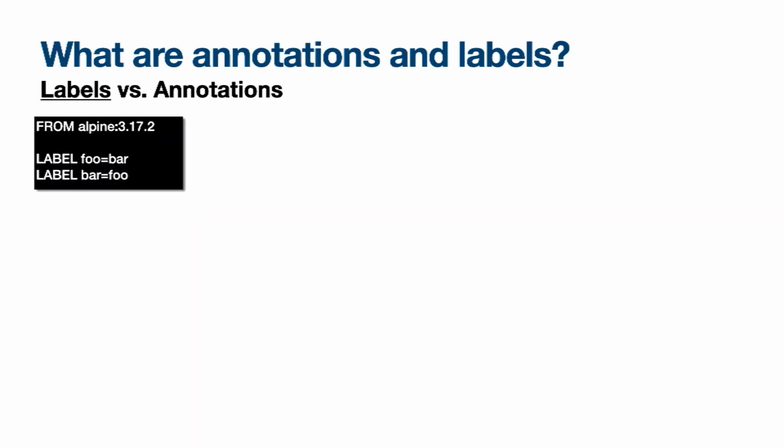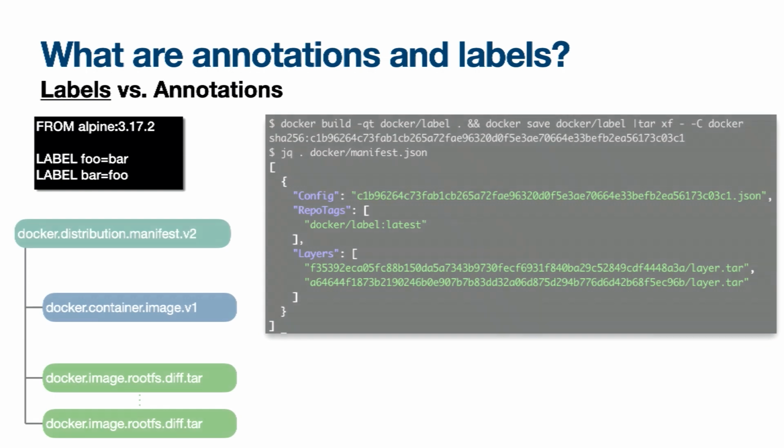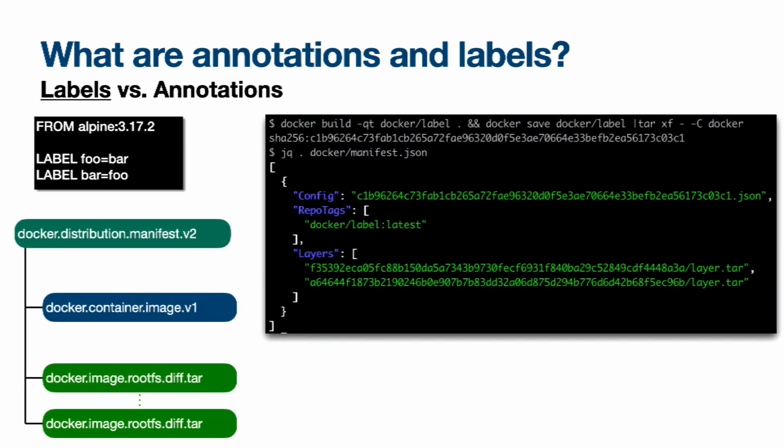Anyhow, labels might be familiar from Dockerfiles. In a Dockerfile, you can specify labels, which are just key-value pairs that are then included in the container image at the end. How is it done? If you build this Dockerfile, for instance, it will create a manifest, and the manifest includes all the layers that are part of the image, and also a config blob, a config object, of type container image v1.